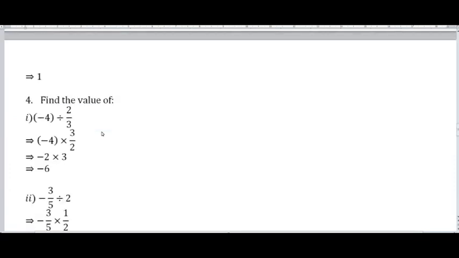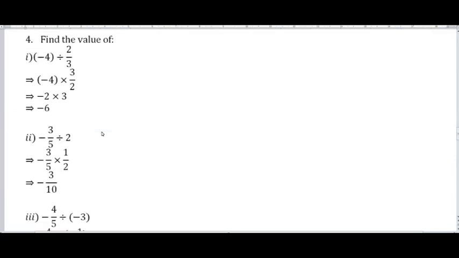In question number 4, we are going to learn about the division of rational numbers. You may think that division will be quite difficult in rational numbers, but that is wrong. The easy way is there. So here number 1, -4 divided by 2/3 is there.